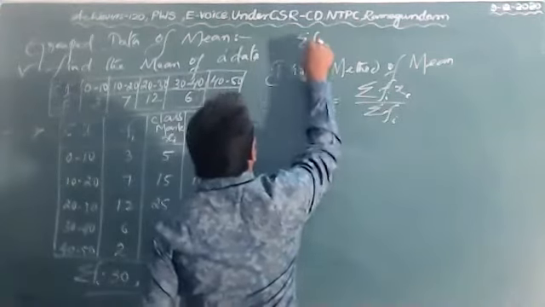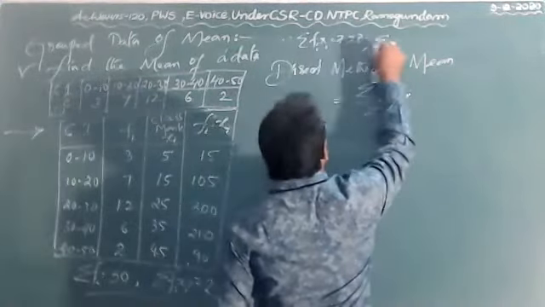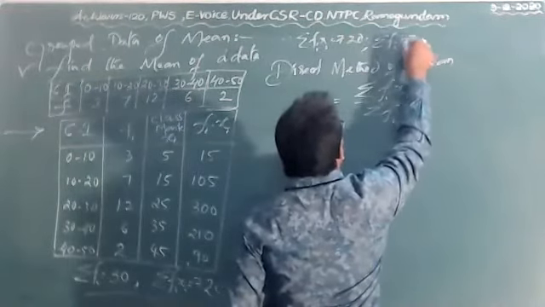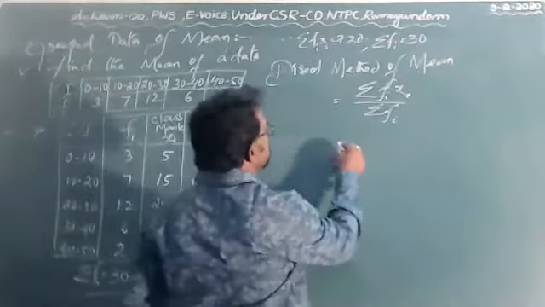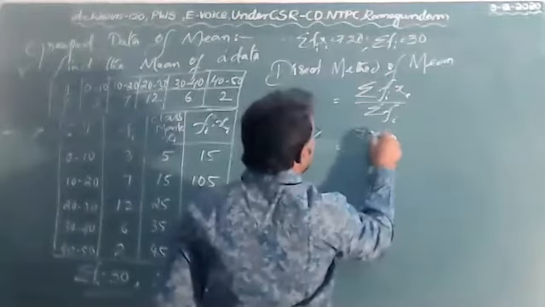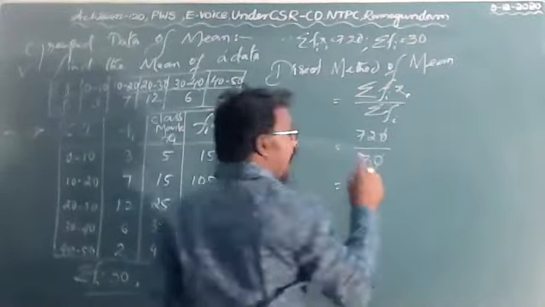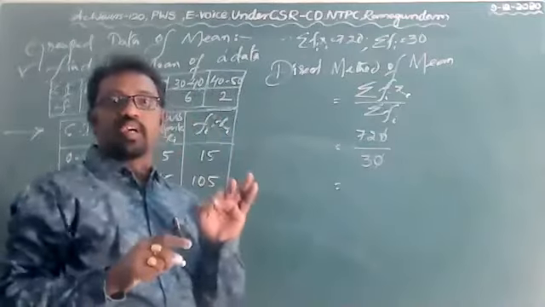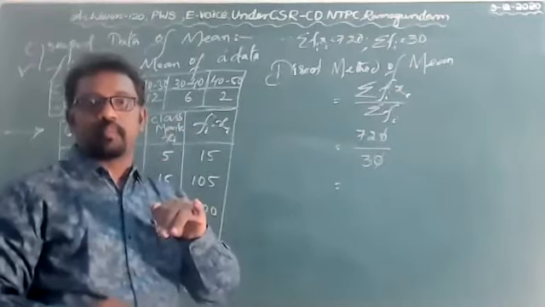Now, here, since sigma fx is equal to 720 and sigma f is equal to 30, first take out these values here. Now substitute directly here. What is sigma fx? 720. What is sigma f? 30. Get it cancelled. Absolutely you have to do the cancellation.